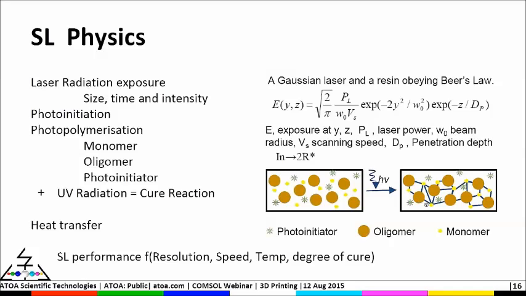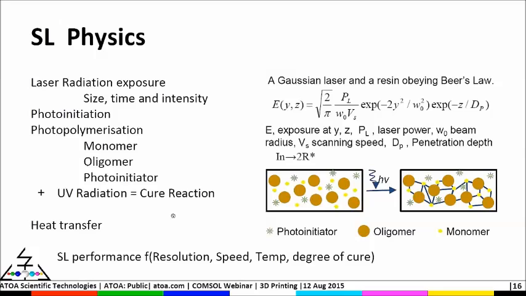That way it can form a cross-linked network. This is the cure process, the photopolymerization cure reaction. This one shows the schematics of the photopolymerization, where you can see the photo initiator, the oligomer, the monomer, and the cross-link. This happens upon application of the laser or an electromagnetic source of energy.